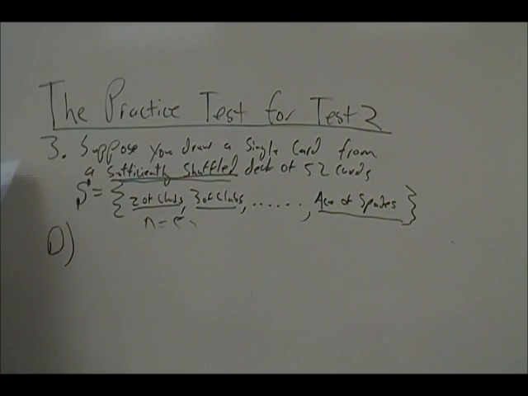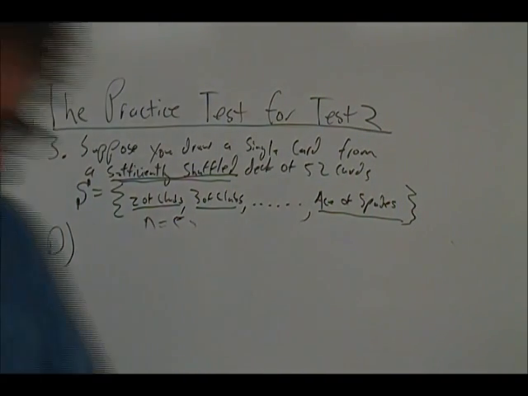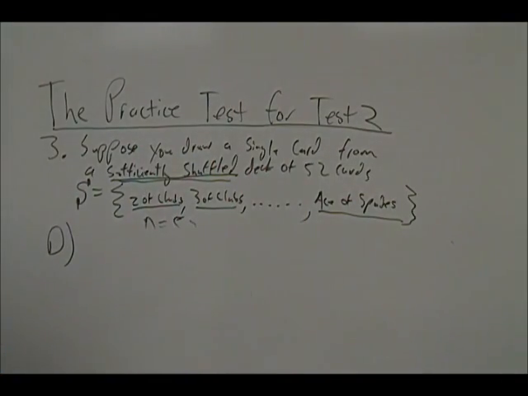So for problem 3D, the question is, suppose you draw 4 cards in a row from the sufficiently shuffled deck, but you replace each card you draw and reshuffle before you draw the next card. So remember in class we called this drawing cards with replacement. And the reason why we say draw cards with replacement here is so that you end up with independent trials.